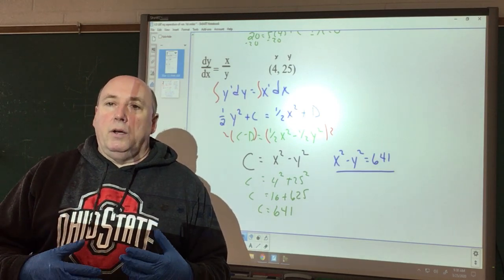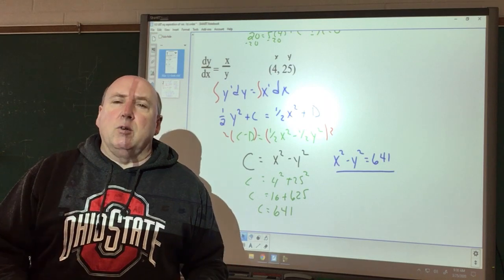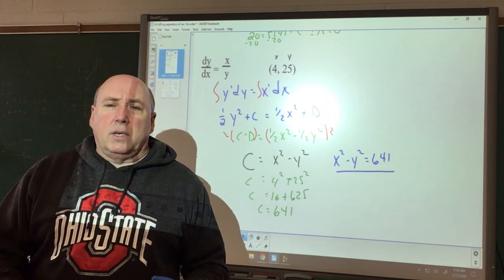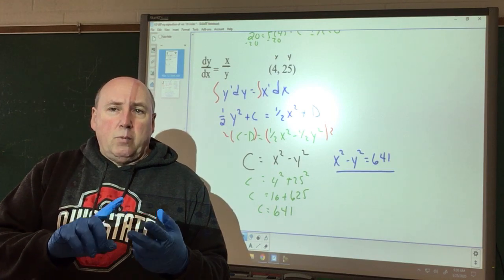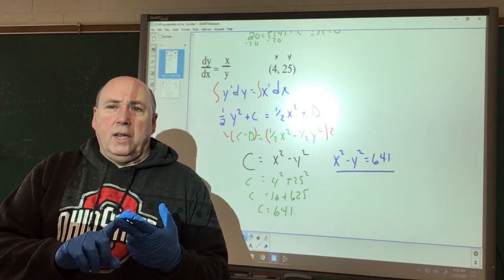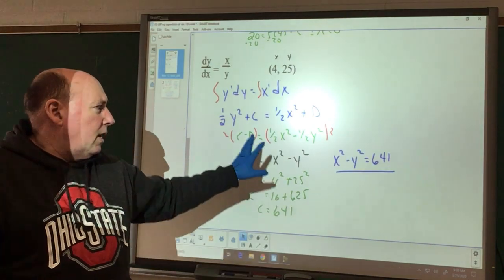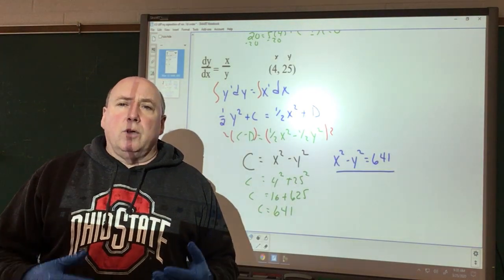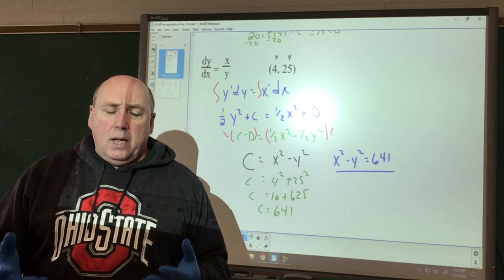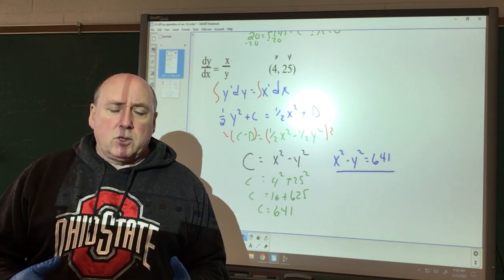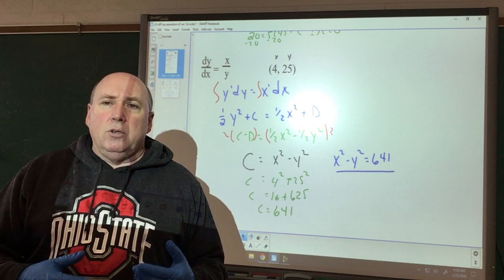From this point on, for the next few days, we will be looking to review just the concepts that we've talked about. We had Newton's method, we had indefinite integrals yesterday, and today we had differential equations. So expect some worksheets in regards to indefinite integrals and just some extra practice with it, and Newton's method.